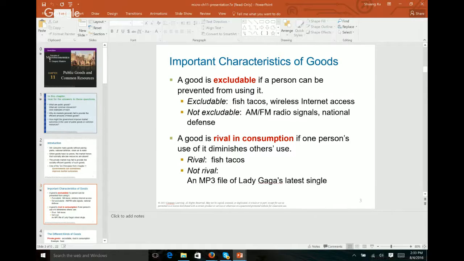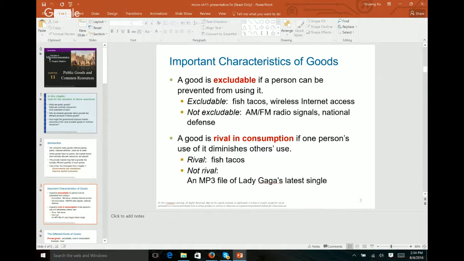A highway is rival in consumption because if you go on 59, maybe around 4:30, it will be very congested. Because it suffers from congestion, other people's use of the highway diminishes my quality of consumption of the highway. So we call this rival in consumption. Remember, anything suffering from congestion is called rival in consumption.